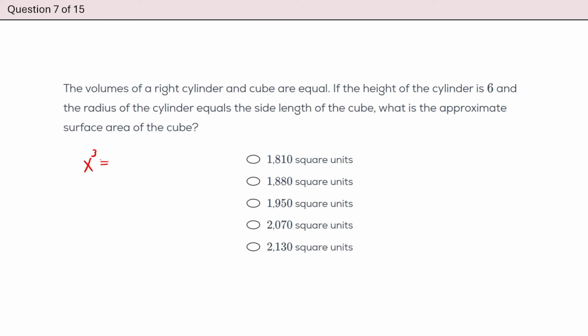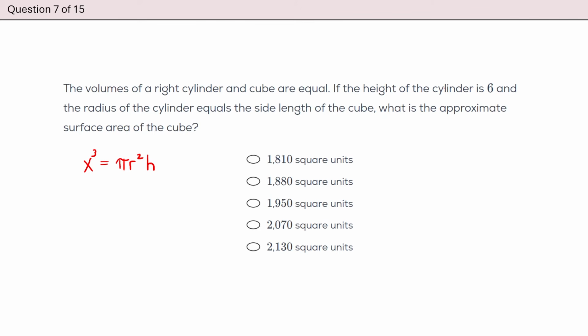What is the volume of a right cylinder? We have to take the circle on the bottom, which is going to be pi r squared, and then we have to multiply that by the height. Notice by stopping there, we can set up this equation and make sure that we're on the right path. So keep reading.